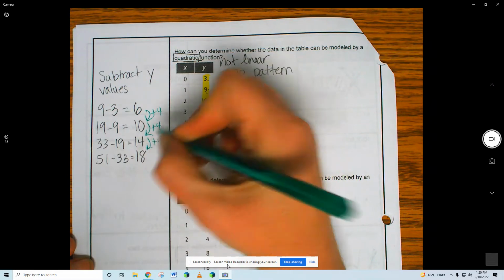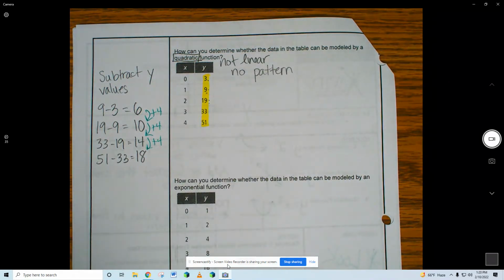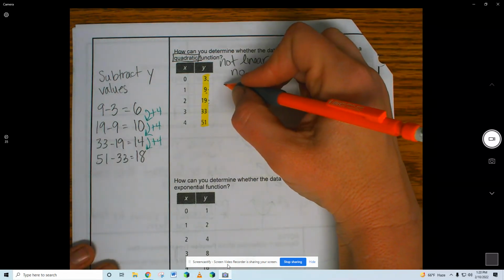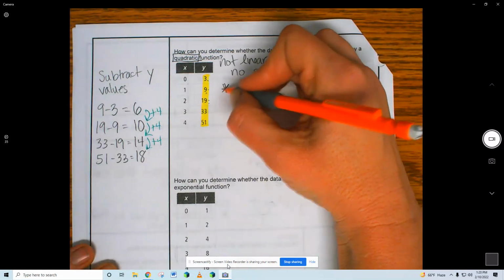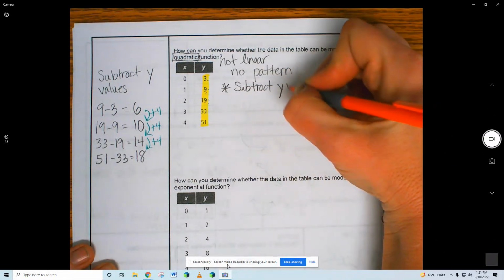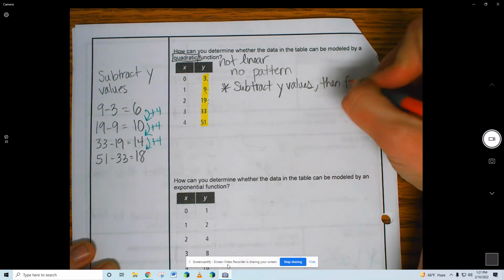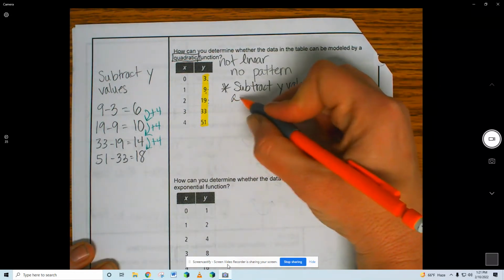Okay. There's the pattern. That means quadratic, but it wasn't obvious to begin with. I had to first subtract my y values and then find a pattern.